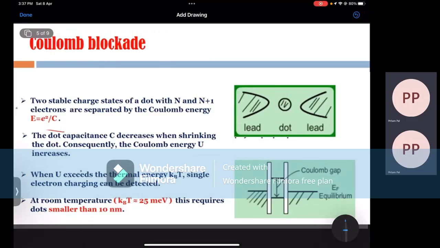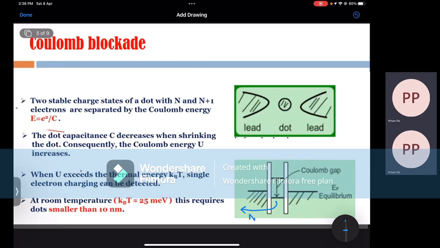Suppose consider that n number of electrons are present here.